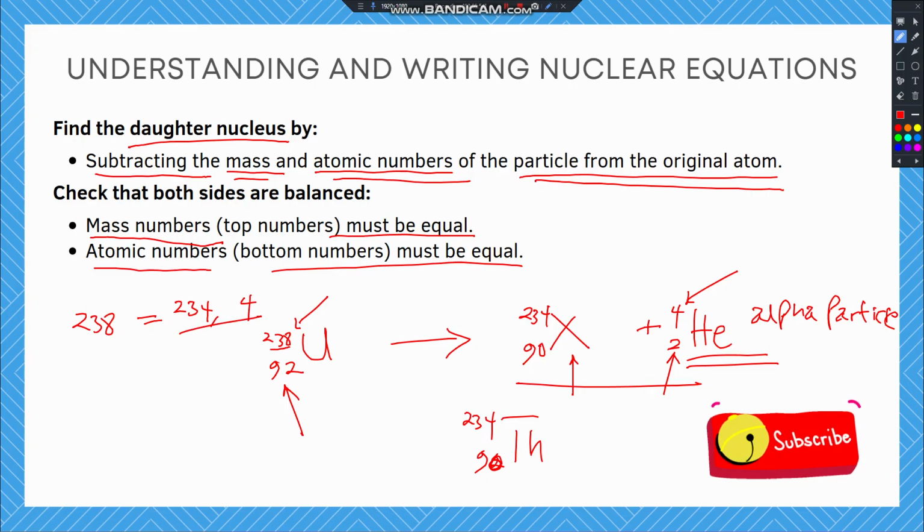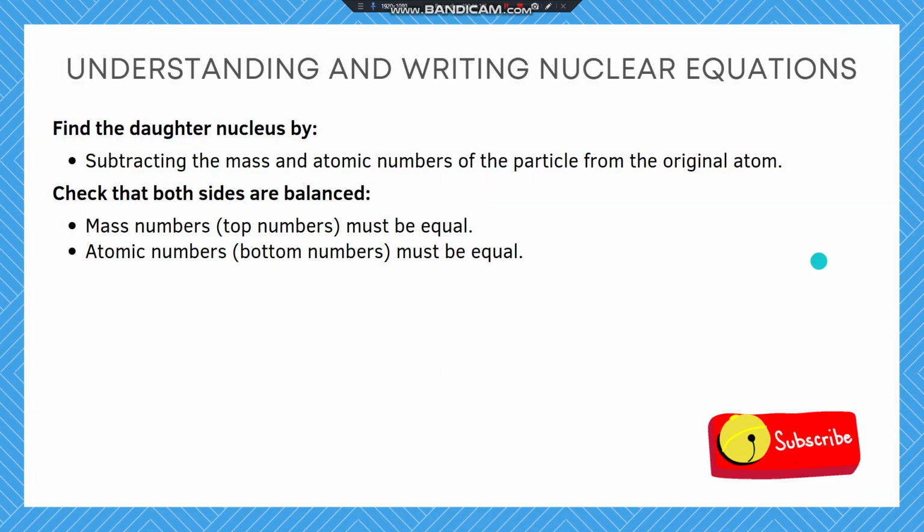When you add the two of them together, it gives you 238. The same thing goes for the atomic number. On the left side, we have 92, and on the right side, we have 90 plus 2, which gives us 92. So you can see the nuclear equation is balanced.